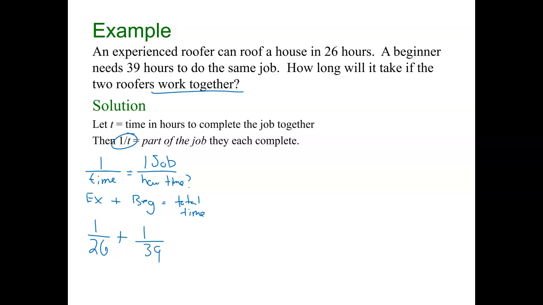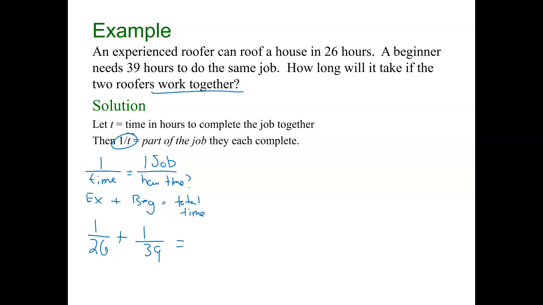You can also look at it this way. This 1/26 for our experienced worker: in 1 hour, he completes 1/26 of the job. In that same 1 hour, the other worker will complete 1/39 of the job. So they're completing part of the job. So these each represent how much of the job they're getting done every single hour.